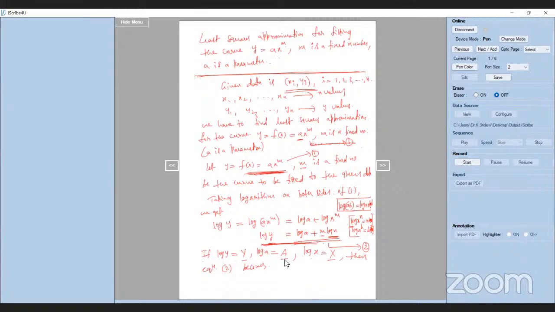We assumed that capital A is equal to log A. So if you know the capital A value, definitely we can find the small a value. After getting small a value, we can substitute it in our assumed form a into x to the power m, which is going to be fitted to the given data. Is it right, ma?